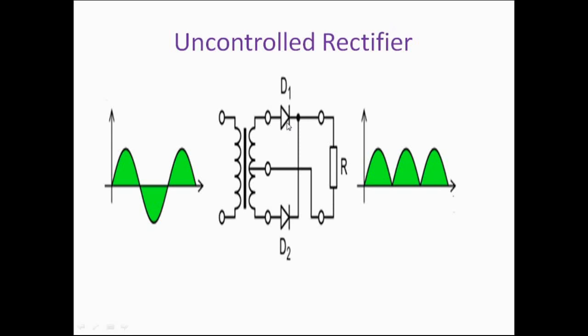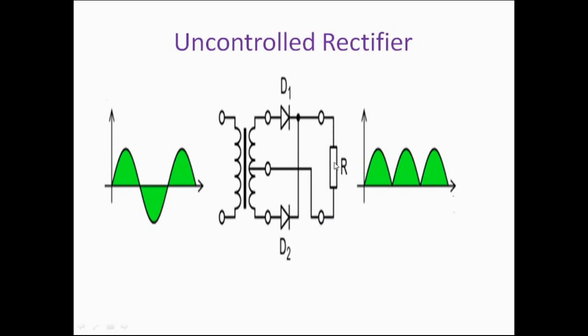So in the positive half cycle, what happens? D1 conducts. So power comes through resistor in this way. In a negative half cycle, D2 conducts. Current flows in this way. So if you consider the direction of the current in load side, in the first half cycle, D1 conducts.